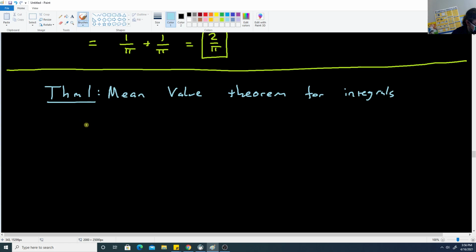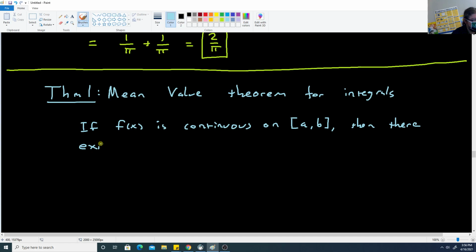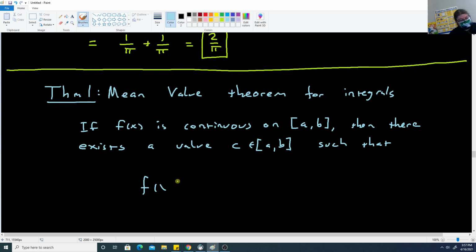What this theorem says is if f of x is continuous on interval a up to b, then there exists a value c, which is also an element of the interval, such that f of c is going to equal 1 over b minus a, integral from a to b of f of x dx.